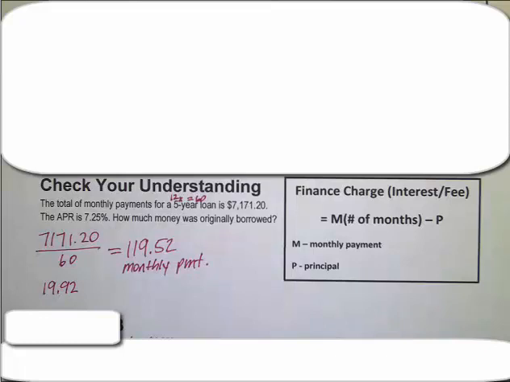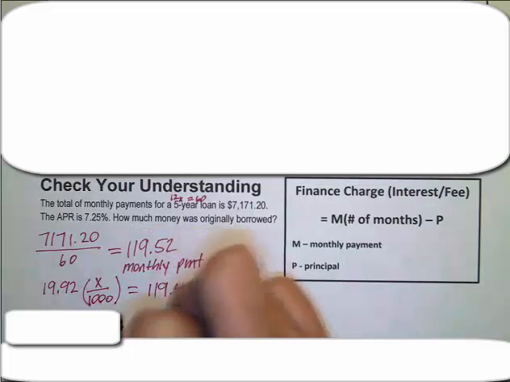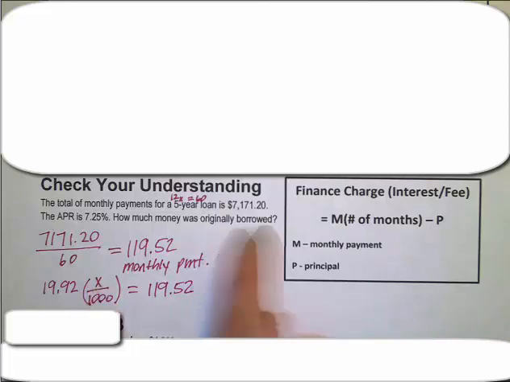Well, we don't know what that is, but it has to equal how much we paid. So we're using that formula from above. This is how much we pay per thousand. We don't know the original amount borrowed per thousand, but it has to equal this.